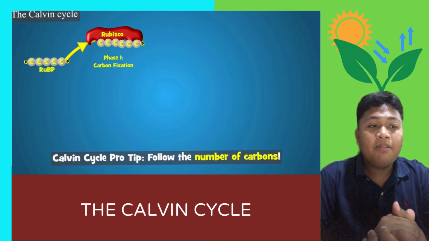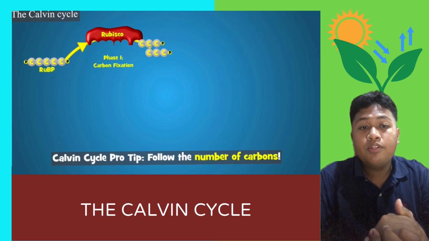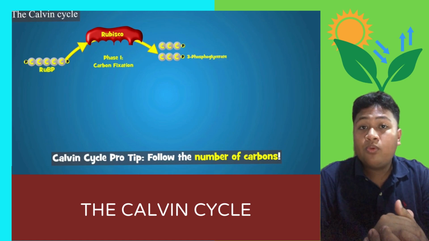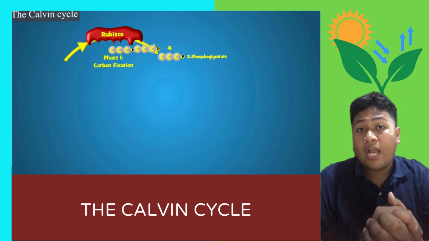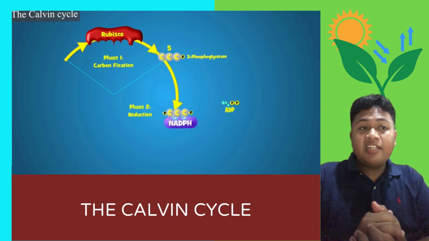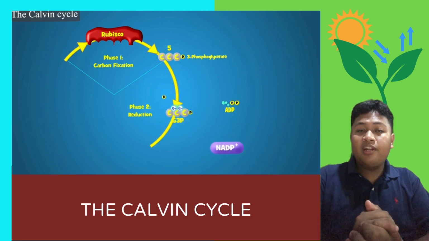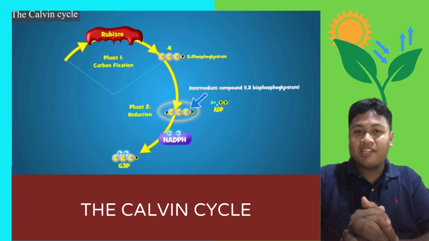This forms a complex with 6 carbons, which instantly divides in half to produce 2 molecules of 3-phosphoglycerate. Observe that we fixed 3 carbon dioxide molecules using carbon fixation. You'll quickly discover why. Phase 2 is the reduction. The energy needed to create an intermediate molecule during the reduction phase comes from ATP produced during light reactions.